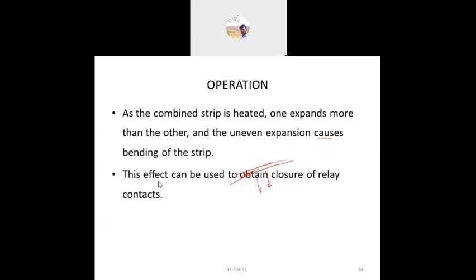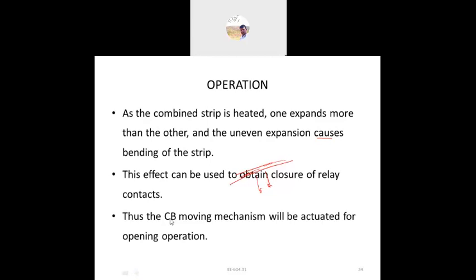Then this effect can be used to obtain the closure of the relay contacts. The circuit breaker's moving mechanism will then be actuated for the tripping operation.